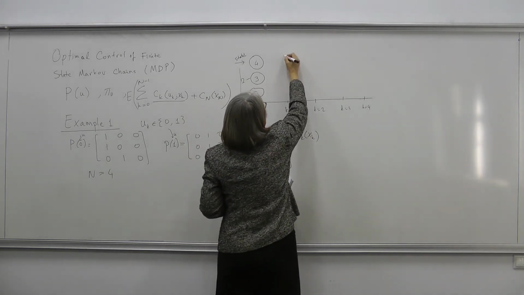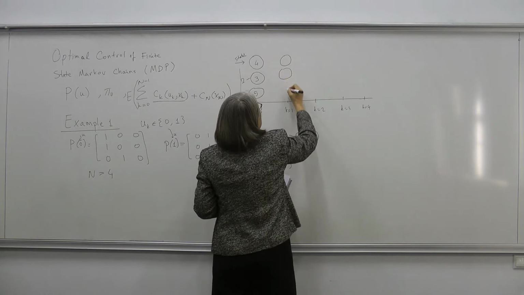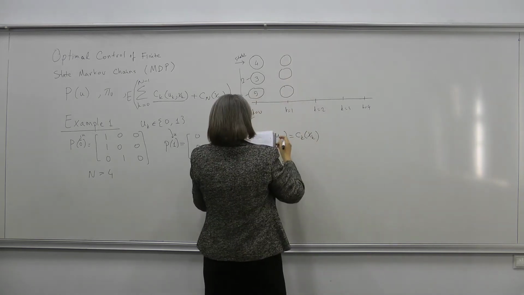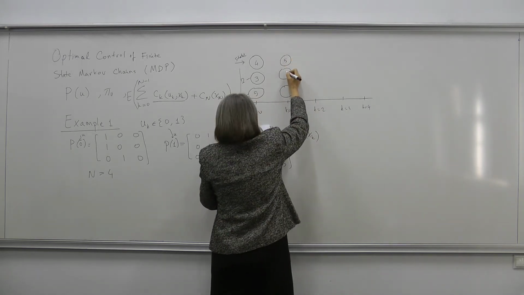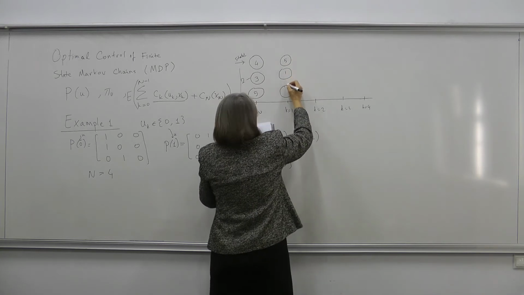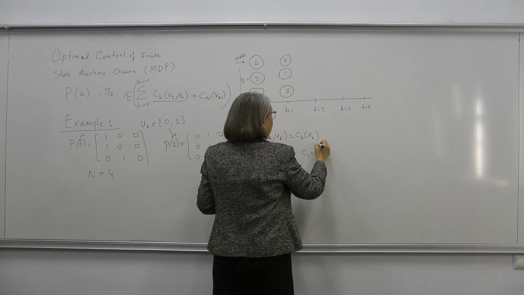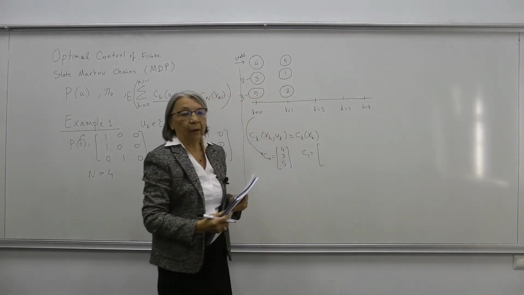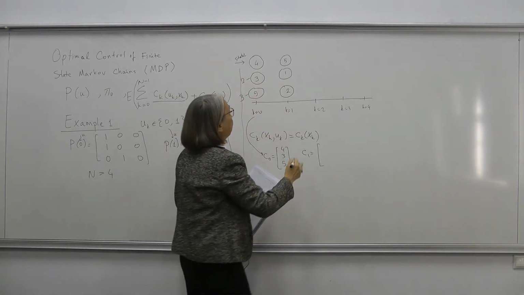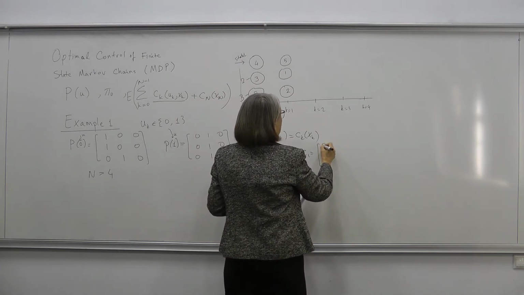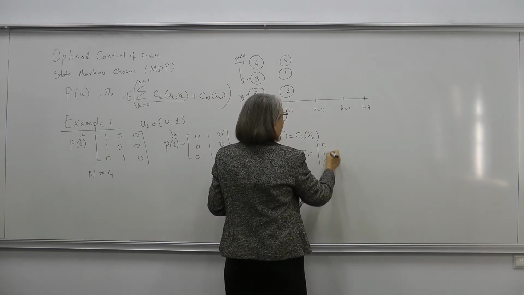And in the example, the other incremental costs are also given to us and written on those circles: this is 5, and then 1 and 2. So I can write C1 as a function of the state alone, not the input, and this is equal to 5, 1, and 2.